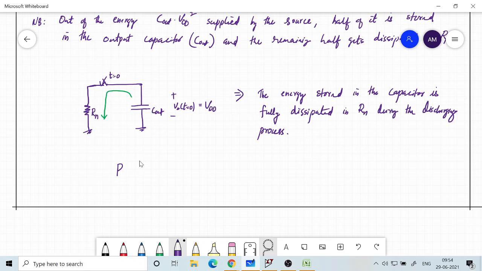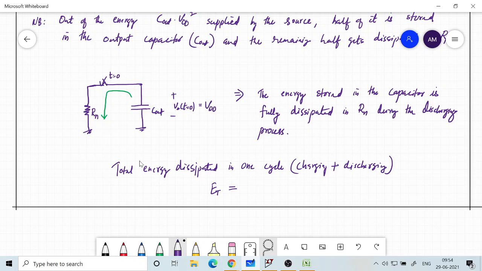Okay, so the total dynamic power dissipation is basically the sum of the energy that is dissipated. So let's first add up the energy. Total energy dissipated in one cycle. One cycle means one charging and one discharging. So charging plus discharging is equal to what? Let's call it ET dynamic.